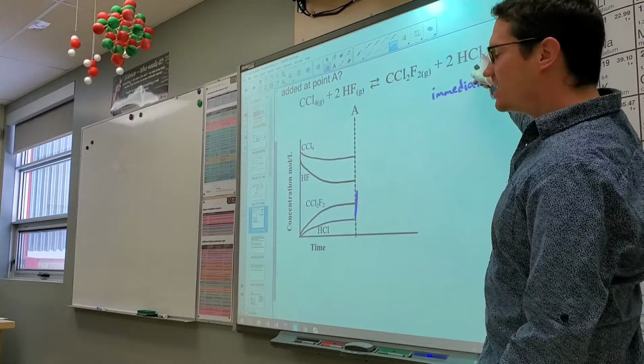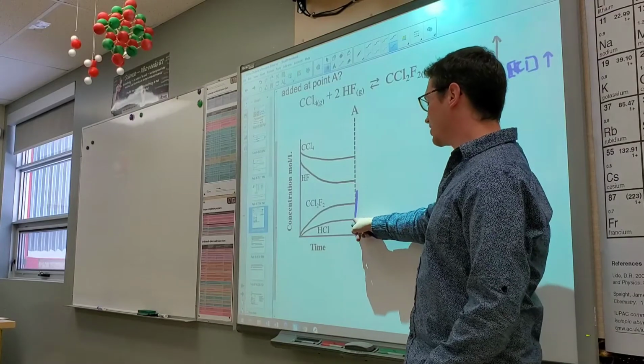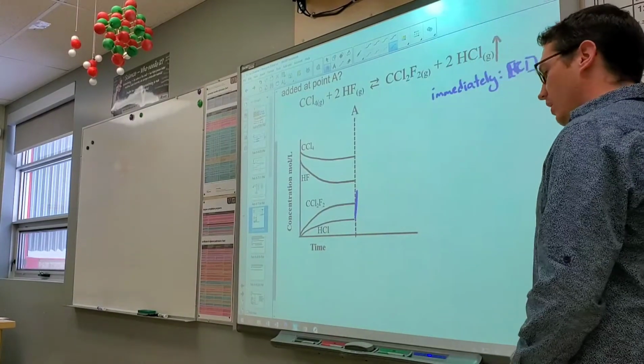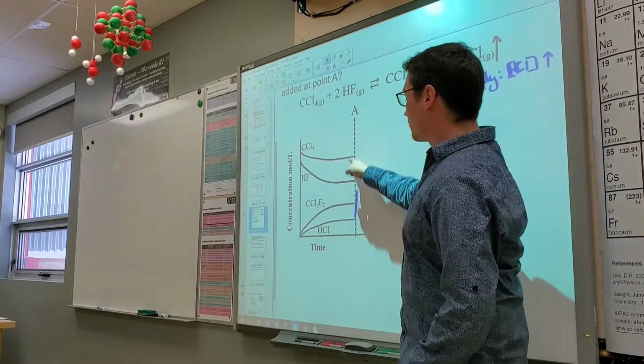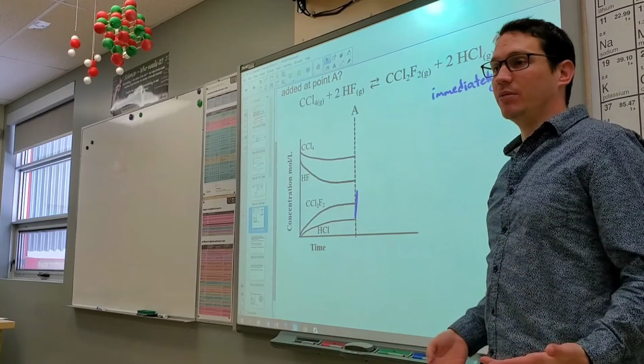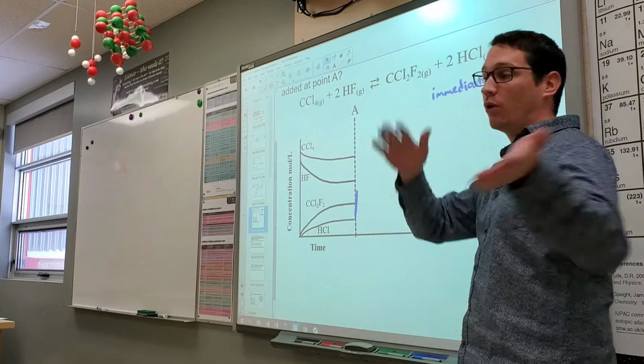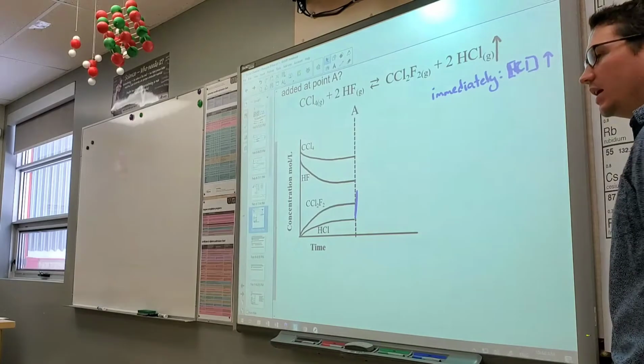But by adding HCl, our concentration of HCl spikes up. Massive, huge, big time. Did I just throw this system out of equilibrium? Yeah, I have, because I changed one or more of the concentrations, right?